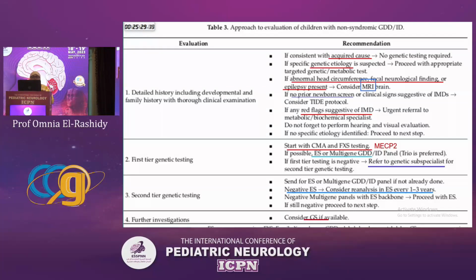If there is no prior newborn screening, and this is the great debate, what's happening in the approach for global developmental delay? The neonatal screening differs from country to country. We take the guidelines from other countries that have wider and wider newborn screening, so we miss cases because we don't do this in our newborn screening.